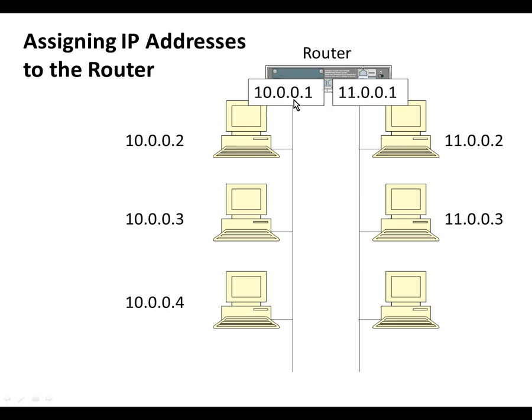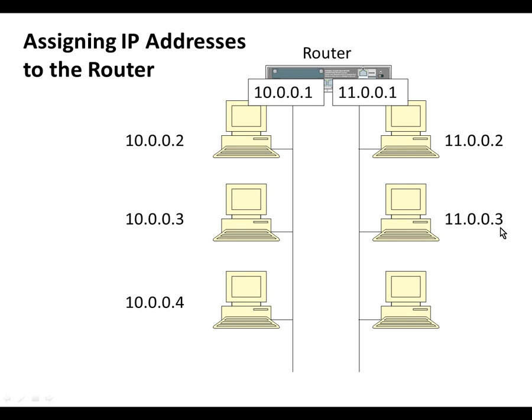So what I will do is I will make the router 10.0.0.1, and then the first workstation will be .2, and the next workstation will be .3, and next workstation will be .4. We like to make the router .1 just for convention. You don't have to, it's convenient that way. And then the other network interface card would be 11.0.0.1, and the first workstation would be .2, and the next workstation would be .3.